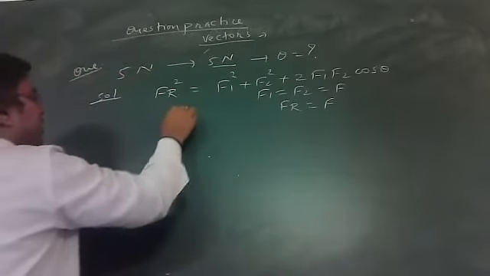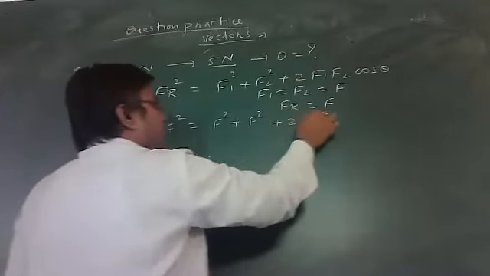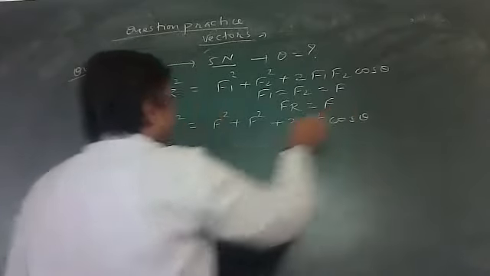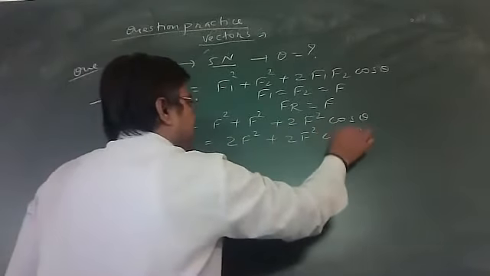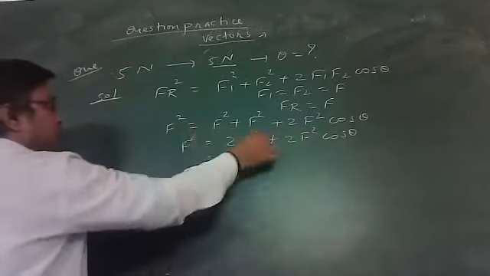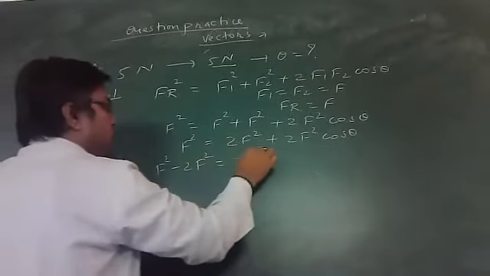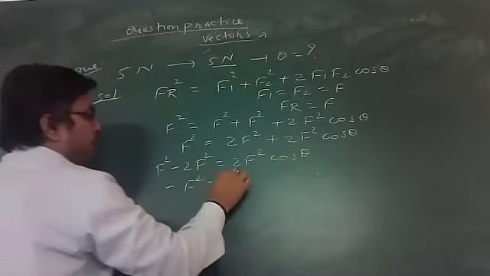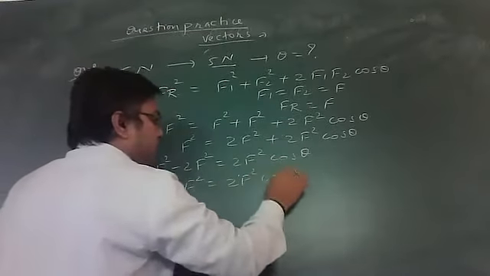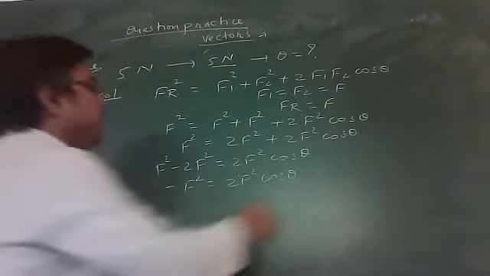That means I can say F square is equal to F square plus F square plus 2F square cos theta. Shifting terms, F square minus 2F square is equal to 2F square cos theta. You will get minus F square is equal to 2F square cos theta.